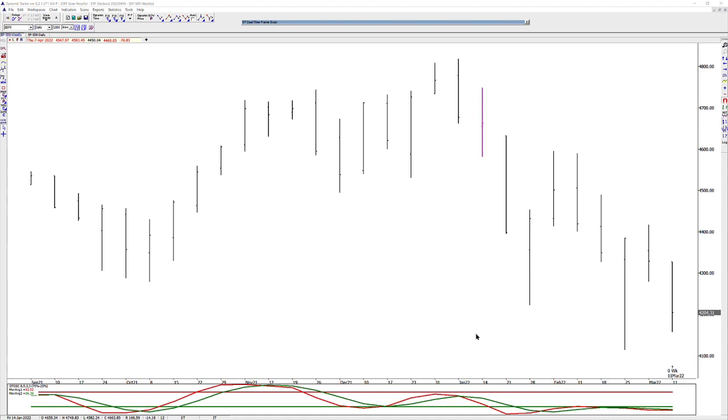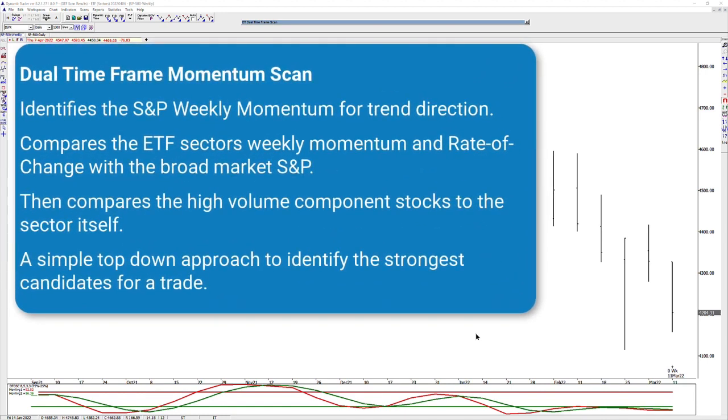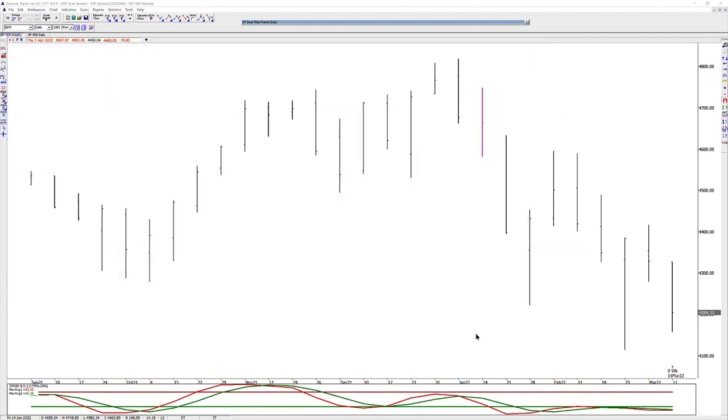What that scan routine does is it identifies where is the weekly momentum for the stock indexes, and then for the sectors, and then for the individual stocks within the sectors. And it's the weekly momentum that indicates which is the trend direction you want to consider trading. And then it scans the daily data for momentum reversals in the direction of the weekly momentum. So the purpose is identifying dual time frame weekly, daily momentum setups.